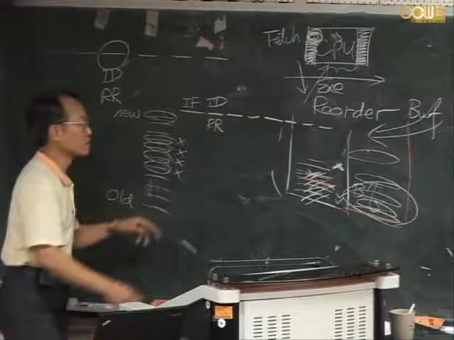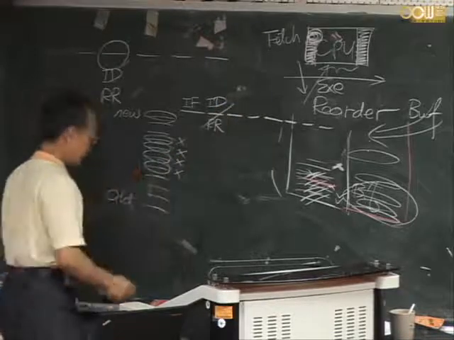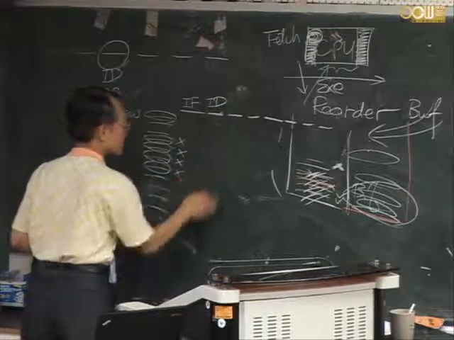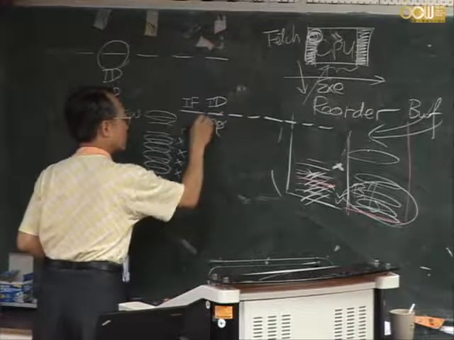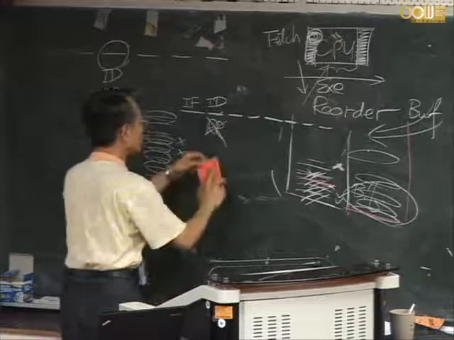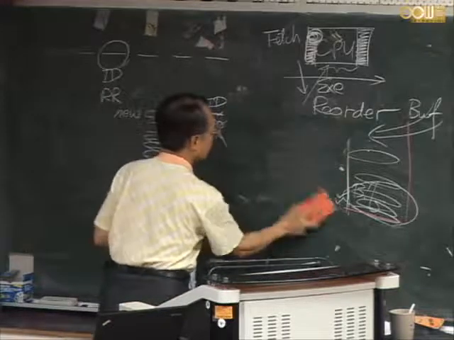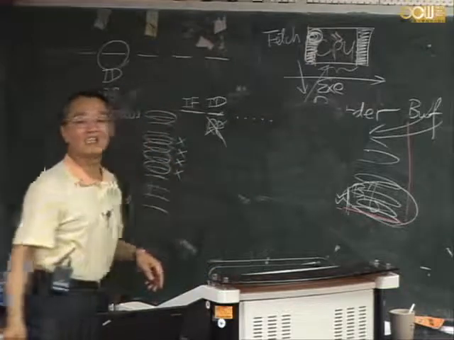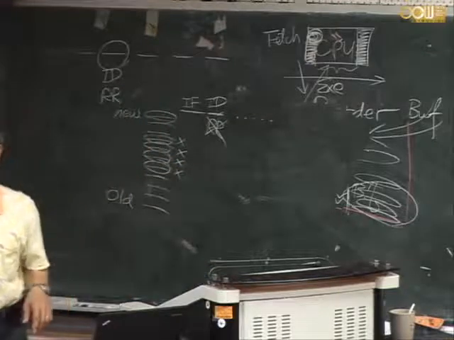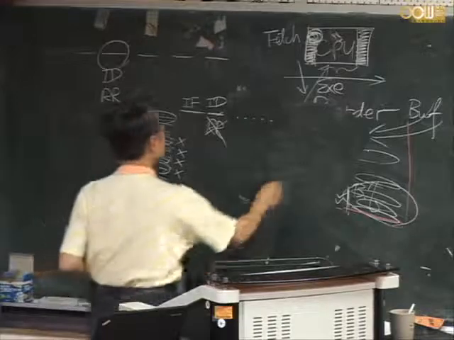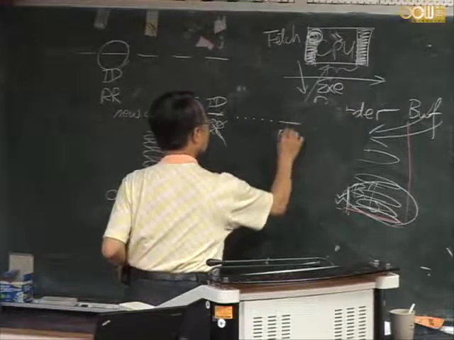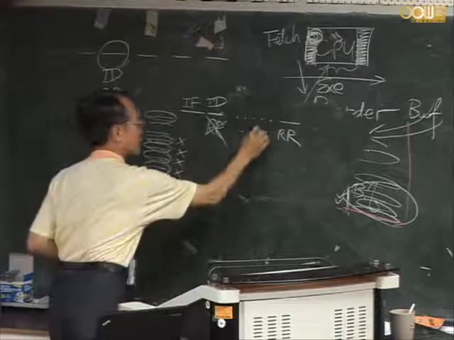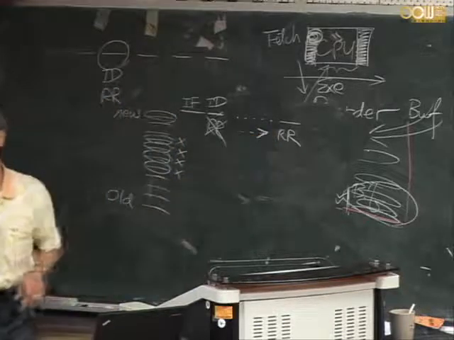What can we do? Split. Or in other words, take this out. Register read, we don't do it here. We wait for an indefinite number of cycles until the results become available. Wait until the results are out.